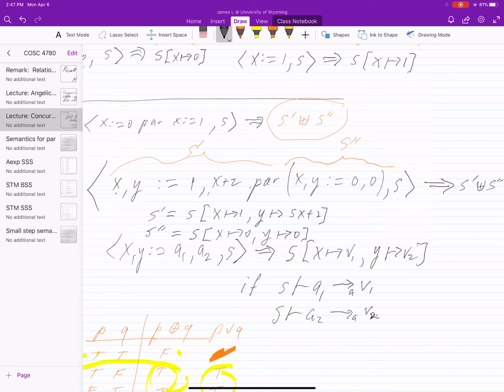So here's a parallel assignment operator. Now, the union of these two could choose in one case, well, I didn't mean to erase, could choose in one case that, okay, X goes to 1, and for Y, Y goes to 0.